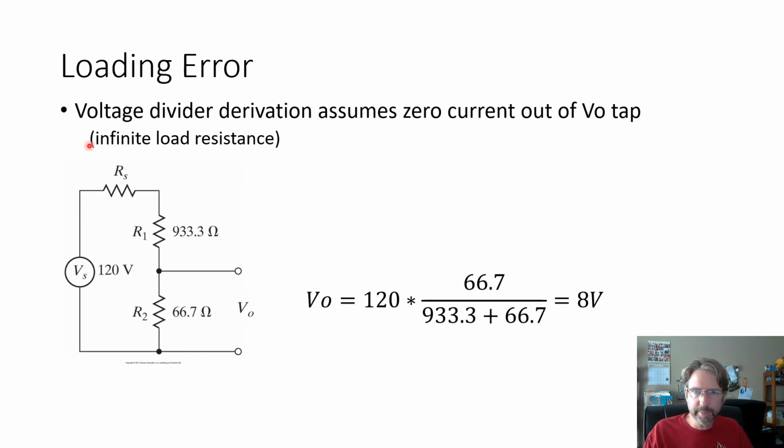So here's an example of a voltage divider circuit reducing this 120 volt input using these 2 resistors. Applying the formula we just saw, we get an 8 volt output on the output of the voltage divider.